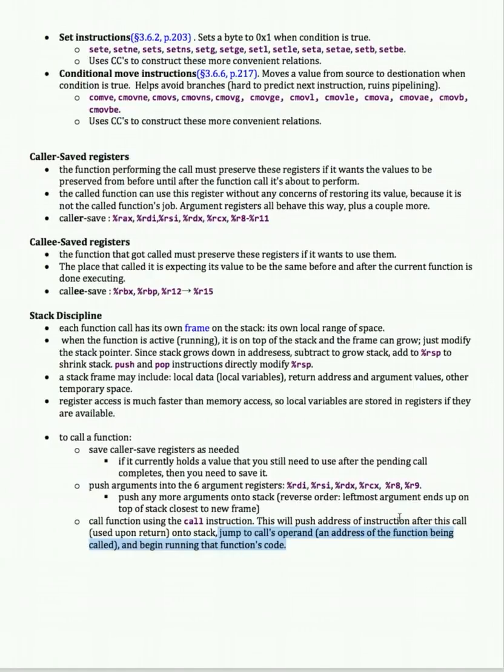So what call does is first push the return address into the stack and then jump to the callee function by changing the RIP register to the beginning of the callee function.